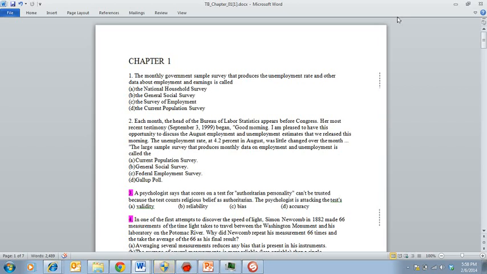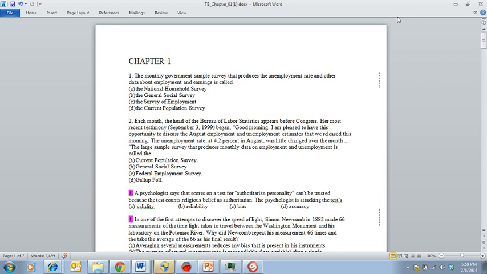Bias, is it the same error happening over and over again? And accuracy, is the measure going to be accurate when they count it up?